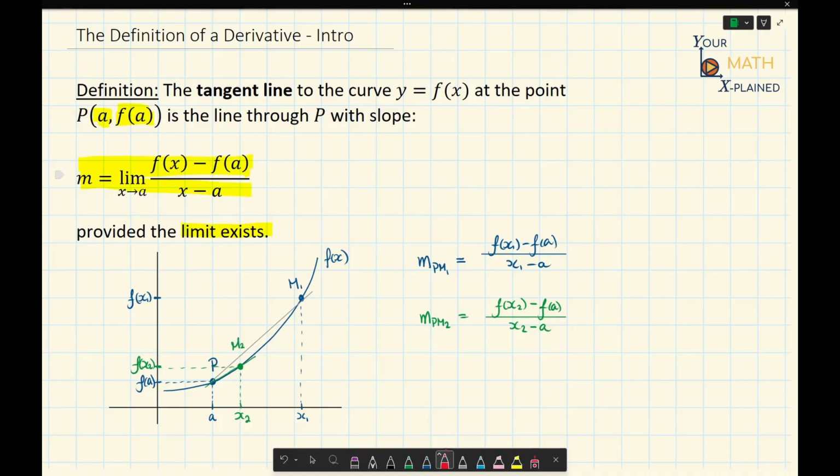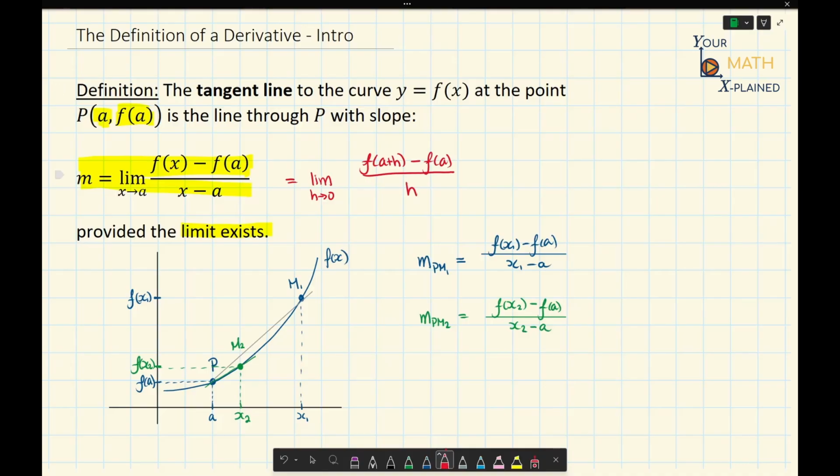Note that if this limit exists, there's actually another way to write this. And the other way would be to write this as equal to the limit as h approaches 0 of f of a plus h minus f of a over h.